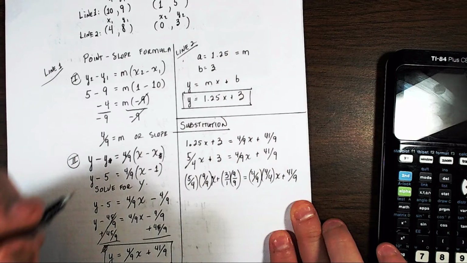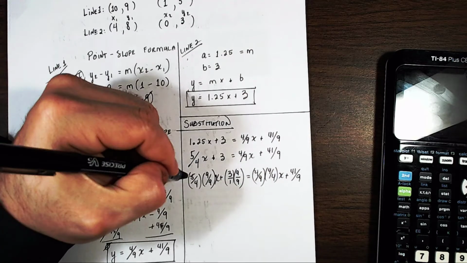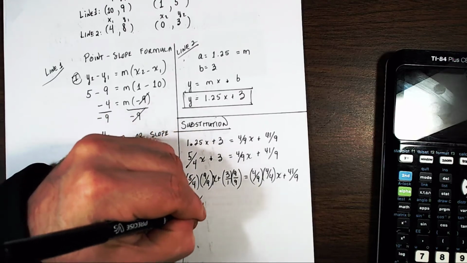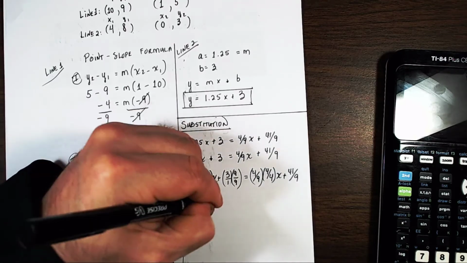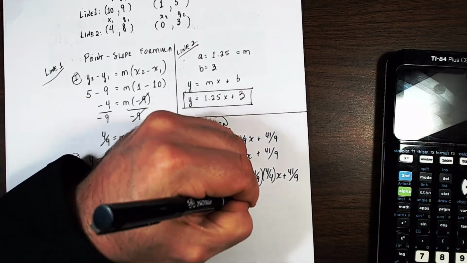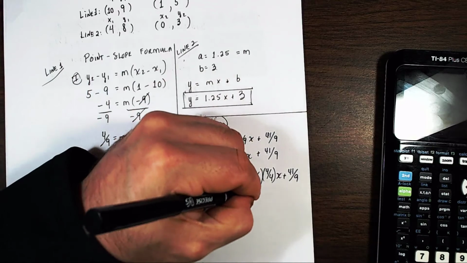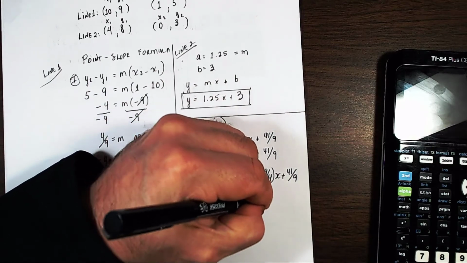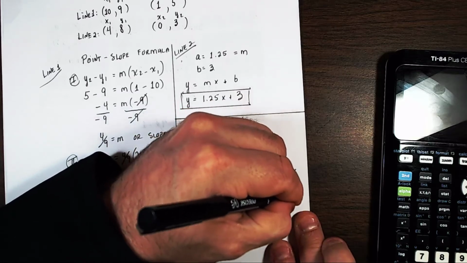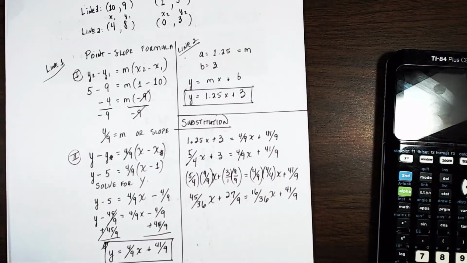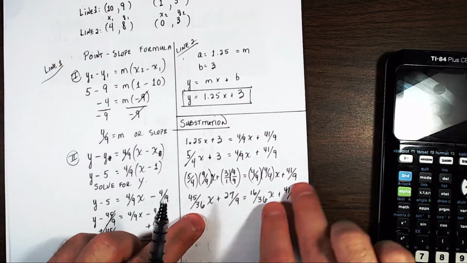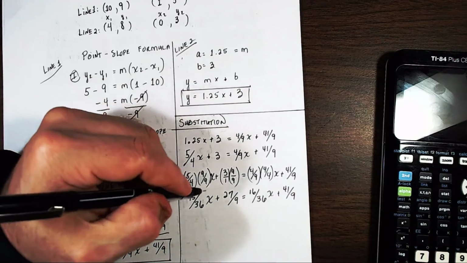It looks complicated, but it's really not. 5 times 9 is 45 over 36 x plus 27 over 9 equals, 4 times 4 is 16 over 36 x plus 41 over 9. Okay, so even though we have what looks like a messy, complicated bunch of fractions, we have common denominators where we need them, so adding and subtracting will be easy.